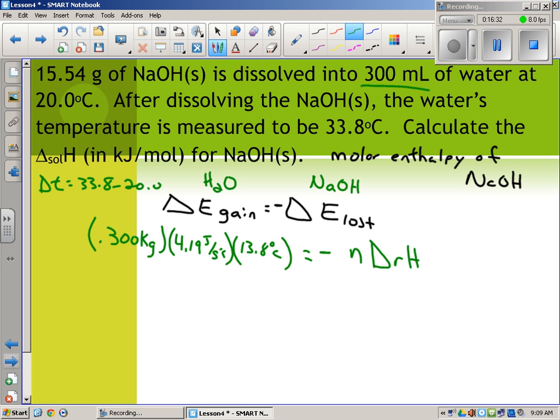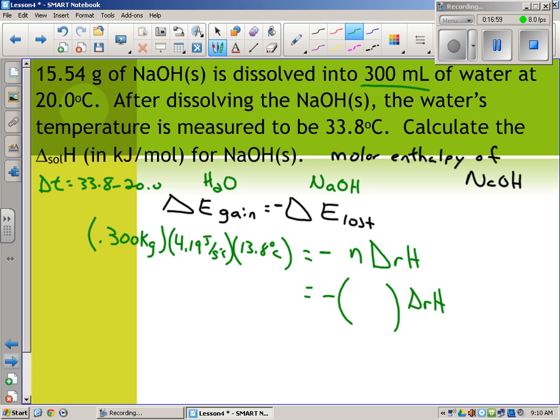So how am I going to figure out n? Because really, this delta rH is my molar enthalpy. That's what I'm trying to solve for, right? Calculate the molar enthalpy, calculate the delta solution H. It says delta solH there. I put delta rH, whoopity-doo, right? In kilojoules per mole for sodium hydroxide. How am I going to find n?